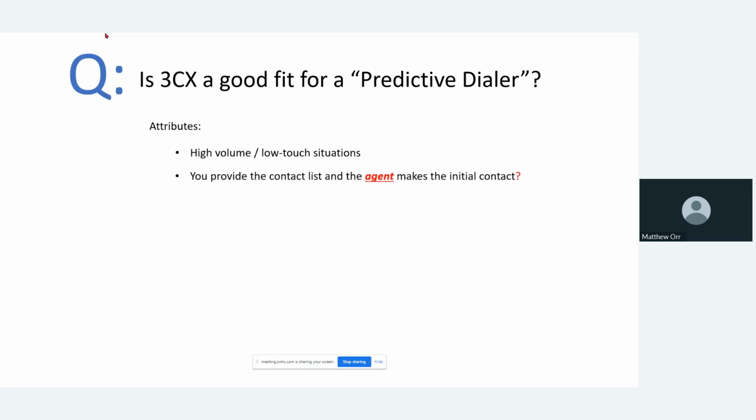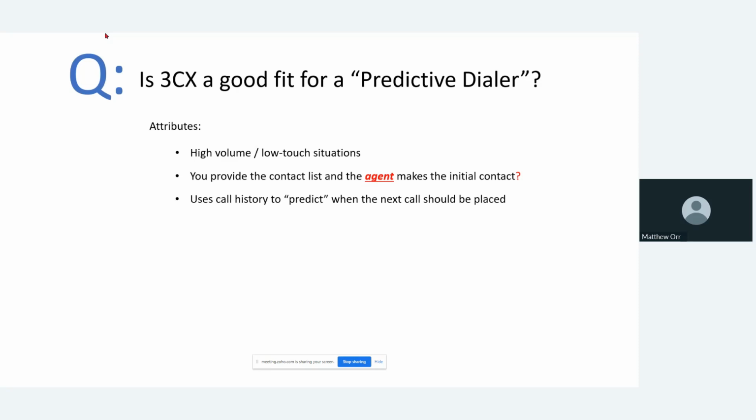But the idea behind a predictive dialer is that you give the dialer a list of contacts, it places the calls and connects them directly to the agent. So the first person that is interacting, or the first thing that interacts with the caller is the agent themselves, as opposed to an IVR or something like that.